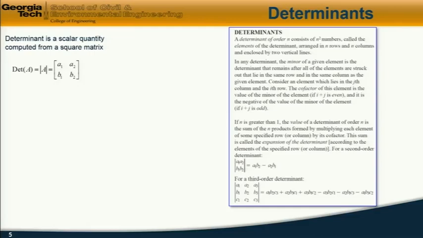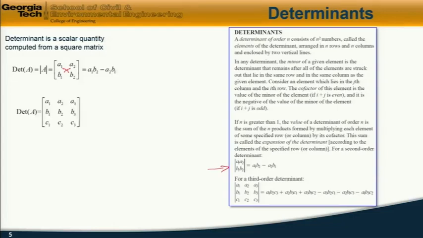And the simplest case is a 2 by 2 matrix, A1, A2, B1, B2. And the value of the matrix is the cross products here, A1 B2 minus A2 B1 is the value of the determinant of that matrix, which is the equation given right here.